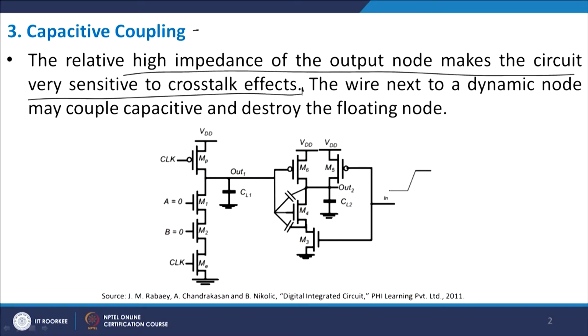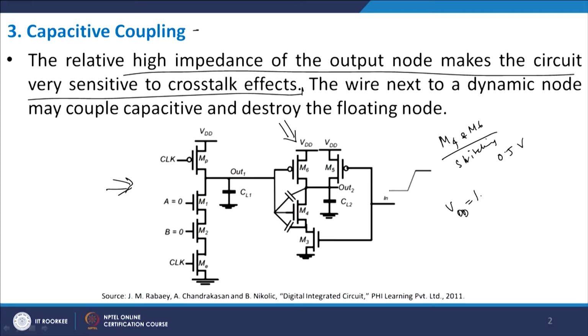In fact, if you are driving logic by a dynamic logic stage, even a small change matters. Let us suppose the switching threshold of M4 and M6 is 0.5 volts, and you are using a VDD of 1 volt.